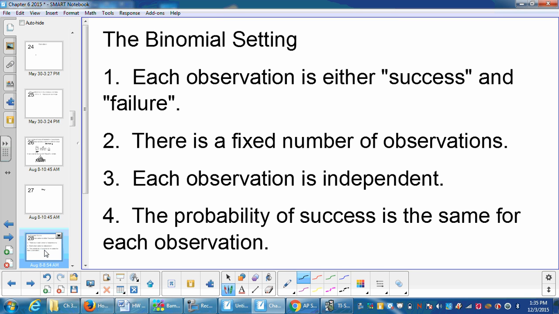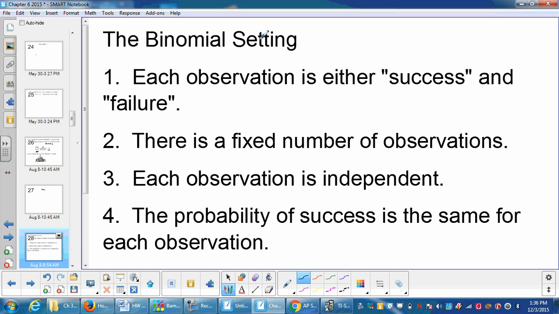Either you get the question right or you get it wrong. You make the basket or you don't. And sometimes your success is looking for something that's not fortunate. Like if you're trying to figure out how many times you would lose your keys in a month, a success might be losing your keys, even though people don't usually look favorably upon that.